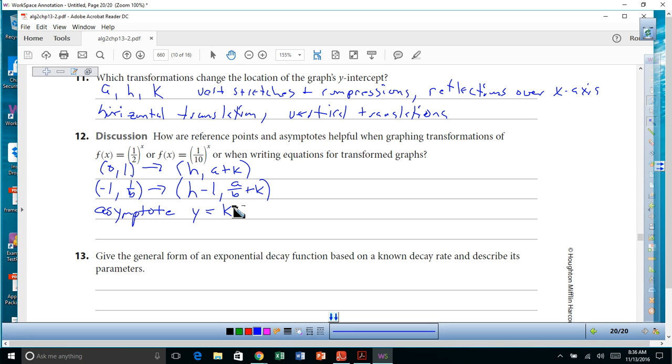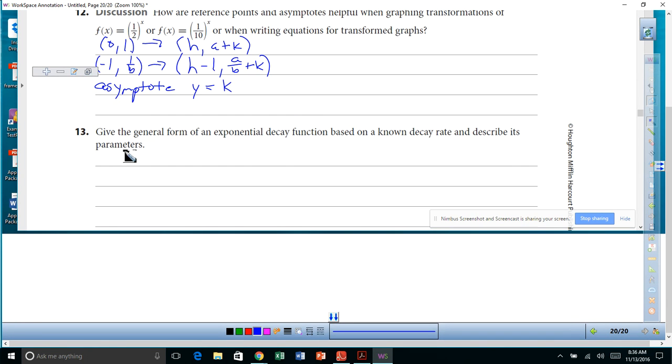Give the general form of an exponential decay function based on a known decay rate and describe its parameters. So that would be f of x equals a times 1 minus r to the x power. Okay, and I think it used f of t and whatnot.